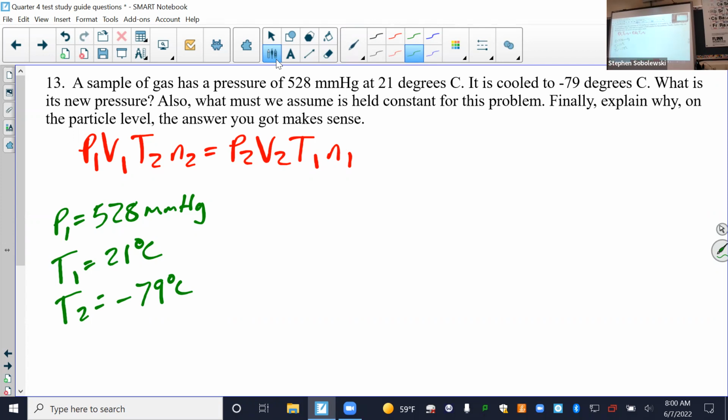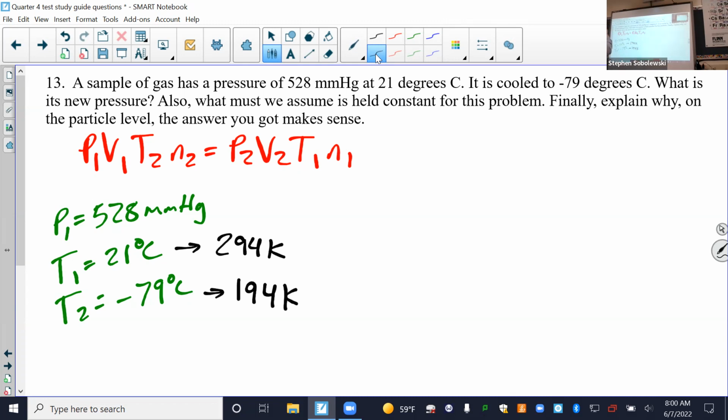No. Pressure one is fine in mmHg because we're looking for, it just says pressure. We don't need it in ATM. But temperature does have to go into Kelvin. So we're going to add 273 to each of these. 21 plus 273 is 294. Negative 79 plus 273 is 194.